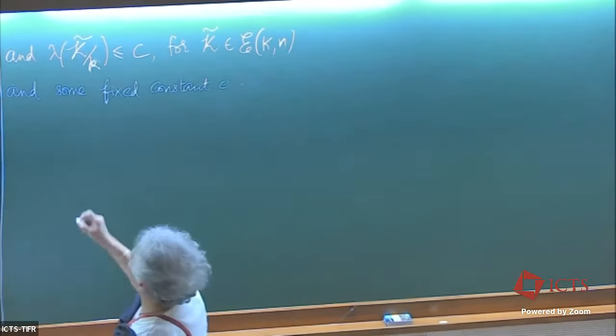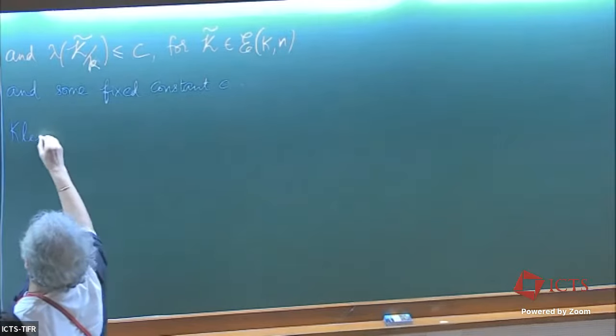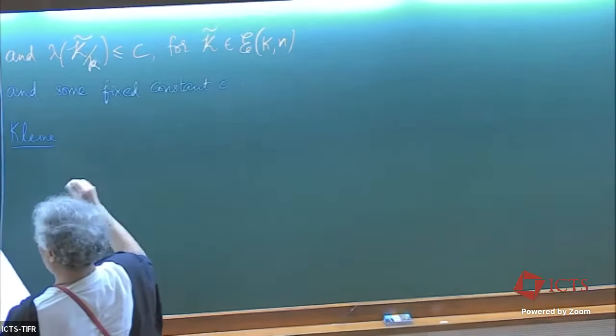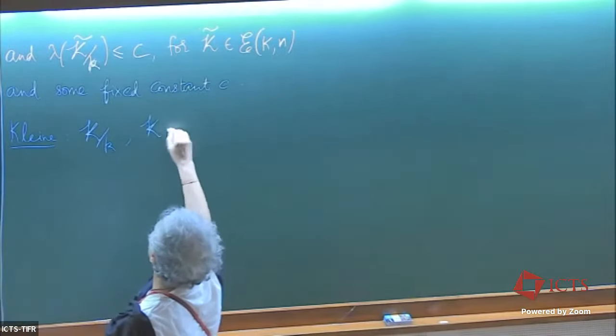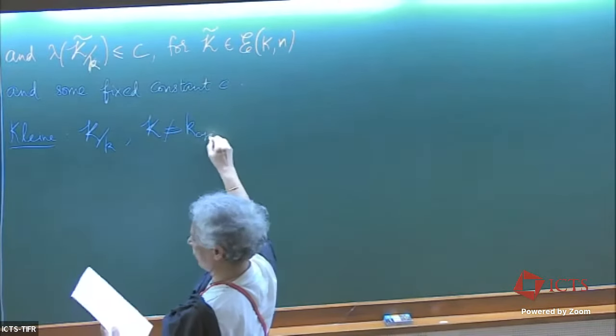And then later, Kleine improved on this result of Greenberg. So again, K tilde over K, but now this time K tilde is not the cyclotomic Z_p extension.